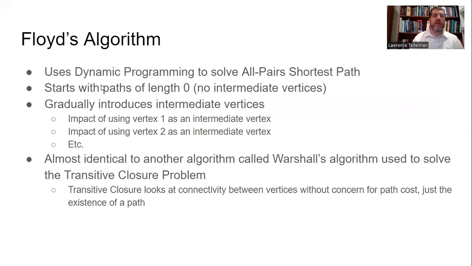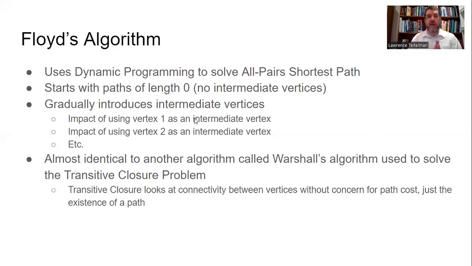So more specifically, we start with paths of length 0. That means I'm going from a vertex to itself, right? There are no other vertices there. So that's a path of length 0. Then we go to paths of length 1, right? Going directly from a vertex to another by an edge. Then we think of paths of length 2, which has one intermediate vertex, specifically vertex 1.